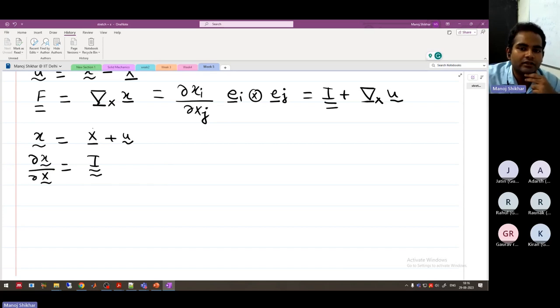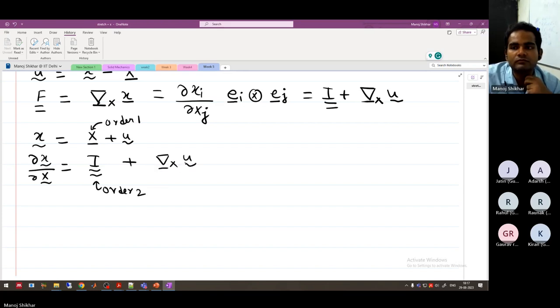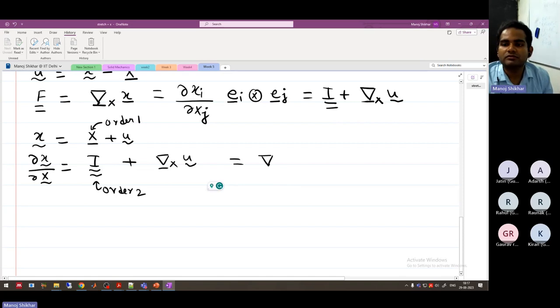Here it was a vector of order 1, and its gradient is of order 2. So here I proved what I was telling earlier. This formula of the deformation gradient will be used extensively throughout this course.